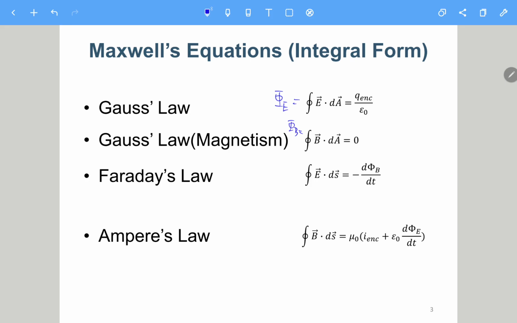Okay, it makes things easier, because there is no magnetic monopole.